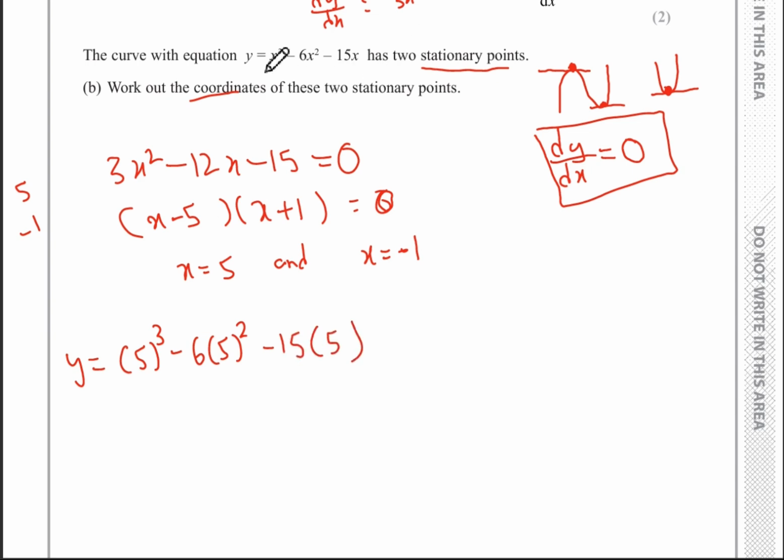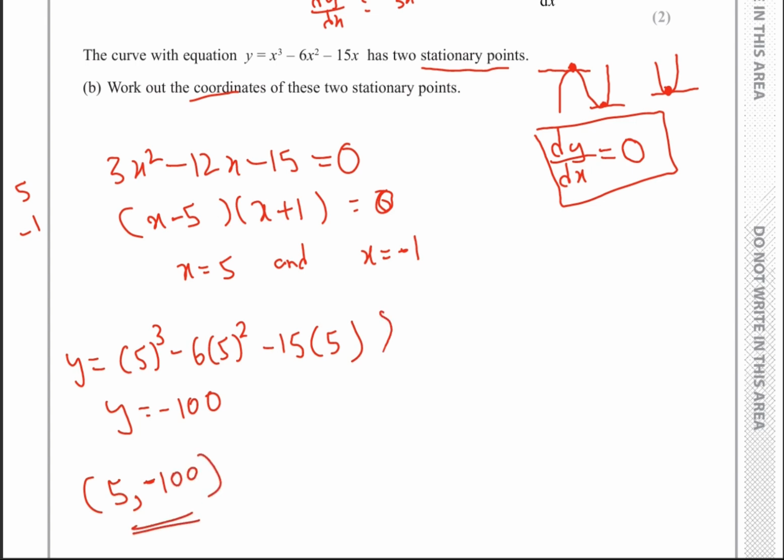All I did was, guys, I took this equation, and everywhere I have x, I put 5. Putting this in your calculator, it gives you an answer of minus 100. So y equals minus 100.